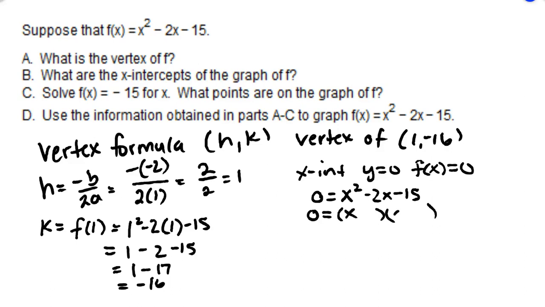I know that x times x would give x squared. 5 times 3 would give 15. And I would need a minus on the 5 and a plus on the 3 to get negative 15 for the last term and a negative 2x for the middle term. Set each one of these factors equal to 0, and that will give x equals 5 and x equals negative 3.